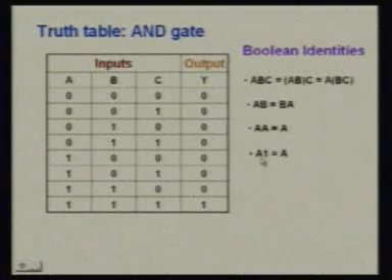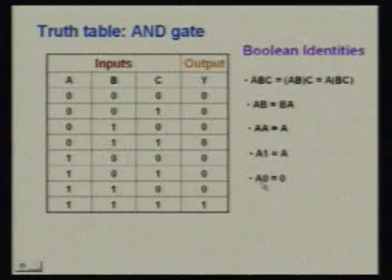So A into 1 will be A. We should not really say "into," but for our convenience we say it; it is in fact the AND operation. If A is 1, then 1 into 1 is 1. If A is 0, then 0 into 1 will be 0. Now if we assign the second terminal of an AND gate as 0, the output will always be 0, whatever the value of the first terminal.